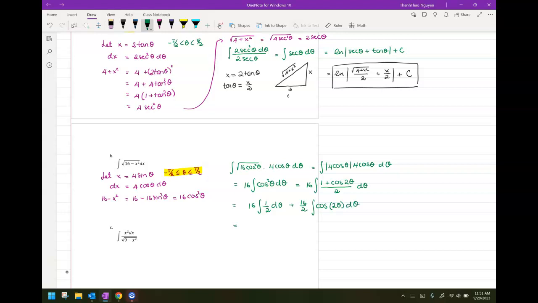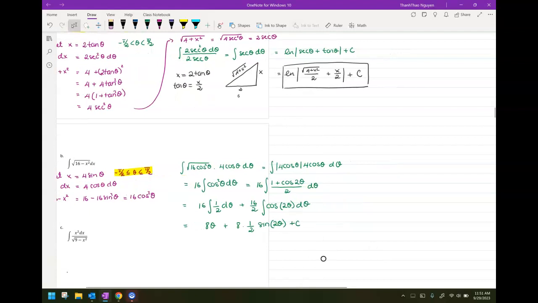So this is 8 d theta, equal to 8 theta plus 8 times 1/2 sine of 2 theta plus c.